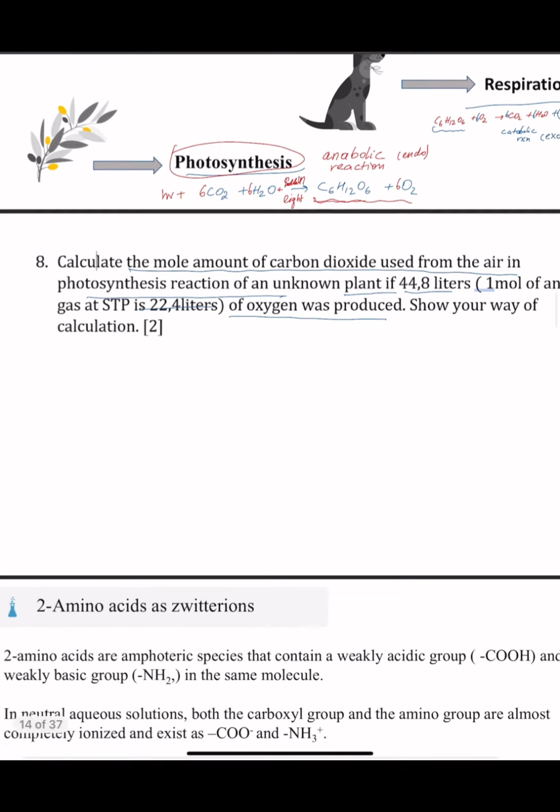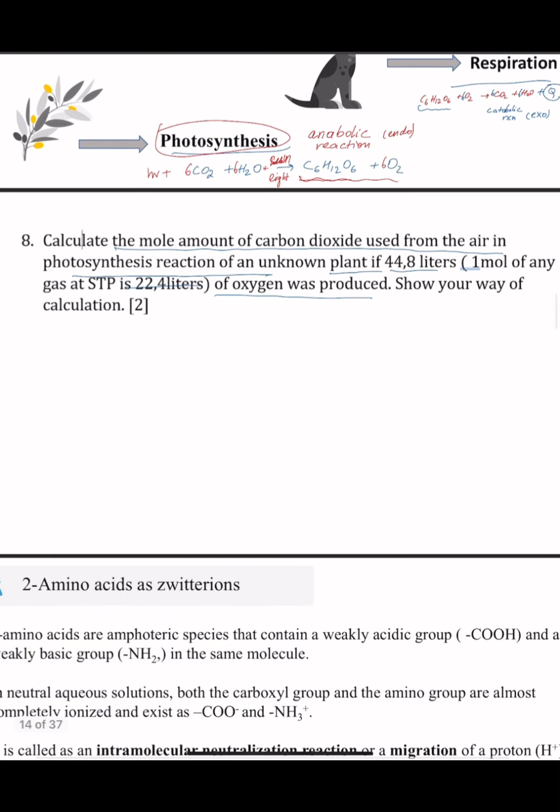So let's first of all write our photosynthesis reaction. So 6 CO2 plus 6 moles of water produces glucose, C6H12O6, and 6 moles of O2. Unless you write this, you're not going to get it. Okay, so pause the video and write it.